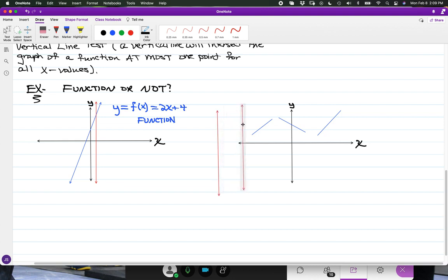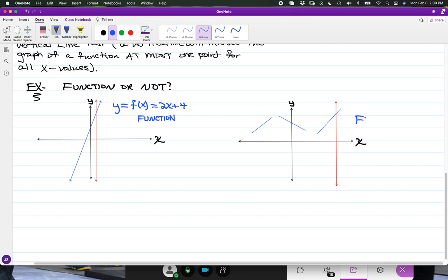If I start to run through and get near the first line segment, you have intersection at most one point. Now there's no intersection here because there's a gap between the line segments. But again, just running through, still intersection at most one point. Now we have no point. And for all x values, you're going to have intersection at most one point. And so this is a case of a function.